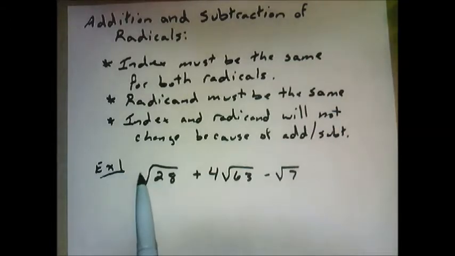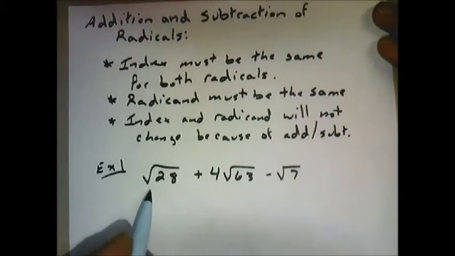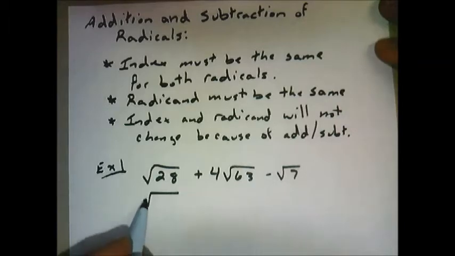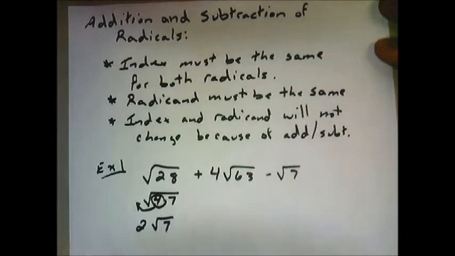Notice our index is the same for each of them, but our radicands are not the same. But if we remember the square root of 28, we can reduce that by taking our perfect square out, since we're looking at the square root, as our index indicates, that it's a 2. So we have 4 times 7. Square root of 4 will come out and become 2 radical 7.